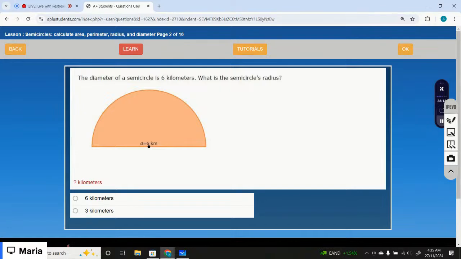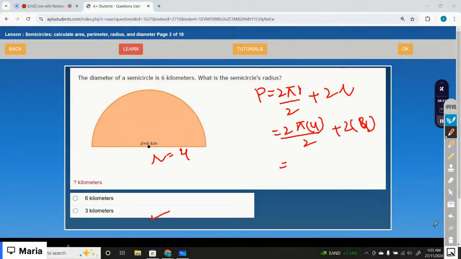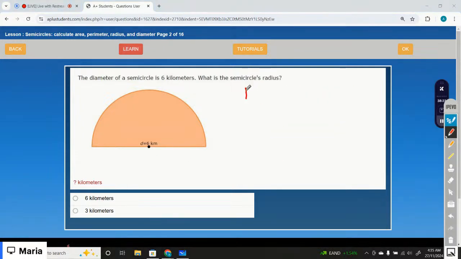The diameter of a semicircle is 6 kilometers. What is the semicircle's radius?